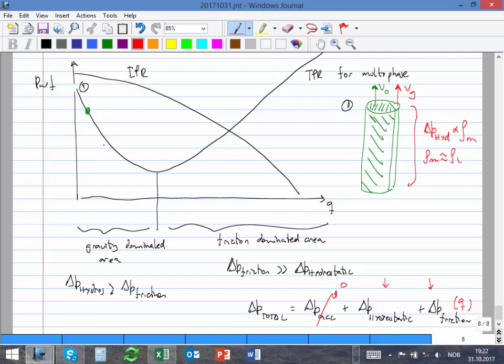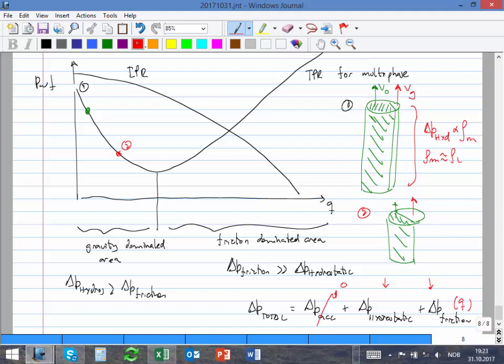Now when I look at another point here, oil is actually going much quicker. So the gas can go with it. It's like the gas is able to drag it up. So for point two, the gas will start to go quick, but the oil is also going quicker.